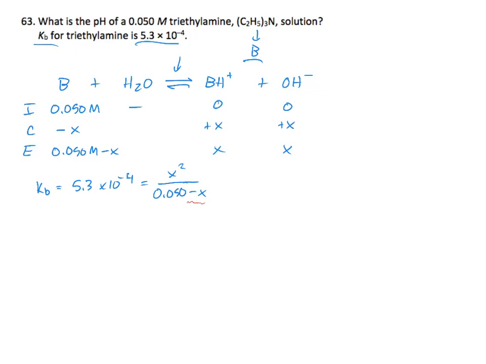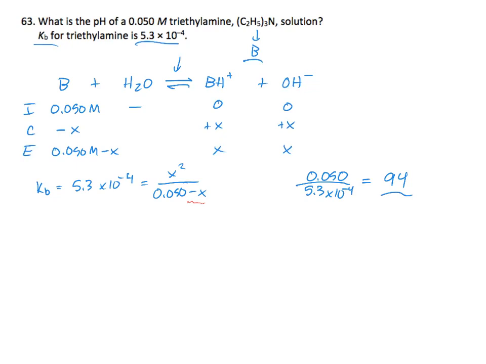We take the number we're subtracting x from, which is 0.050, and divide it by the K value, which is 5.3 times 10 to the minus 4. That number has to be greater than 400, and if it is, we can eliminate that minus x. If it's not, we have to multiply it through and do the quadratic formula. This works out to be 94, so unfortunately we're stuck with what we got.